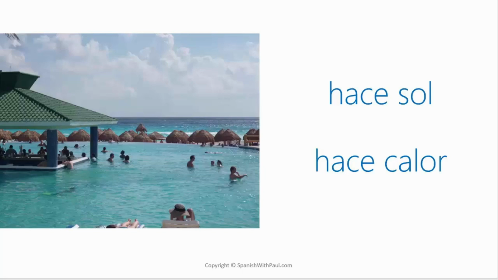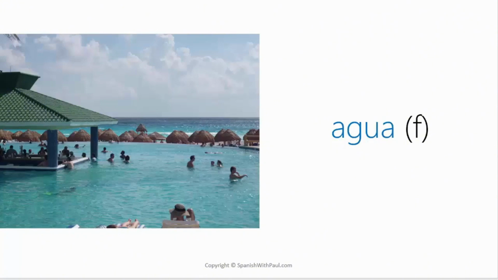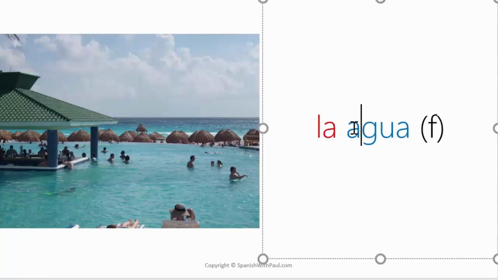Obviously, in this image, we can see a lot of water. And the word for water is agua. Now, agua is a feminine word. La agua. But if you were to say la agua, this would be heard as wrong in Spanish. The reason is because we have an a and an a.